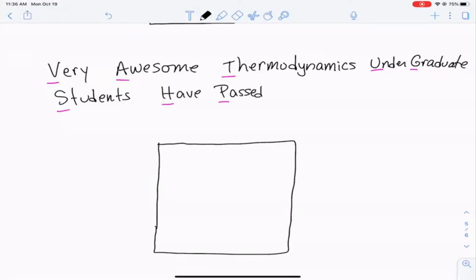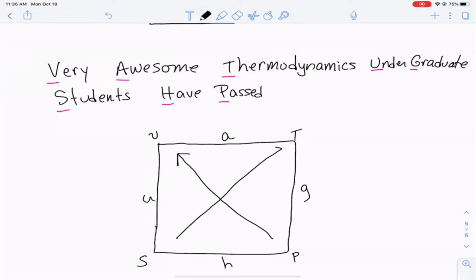And we're going to start in the upper left-hand corner. So it's very awesome thermodynamics undergraduate students have passed. Okay. And then the only other thing that I remember is that there are two arrows and they point towards the upper corners.